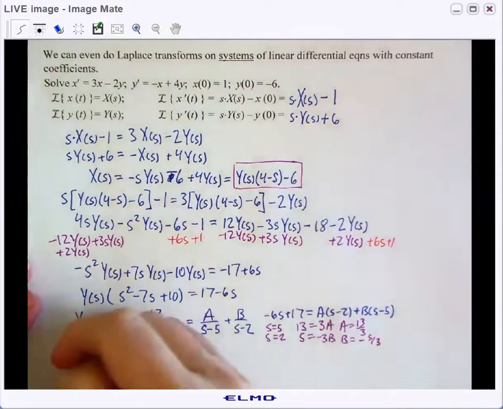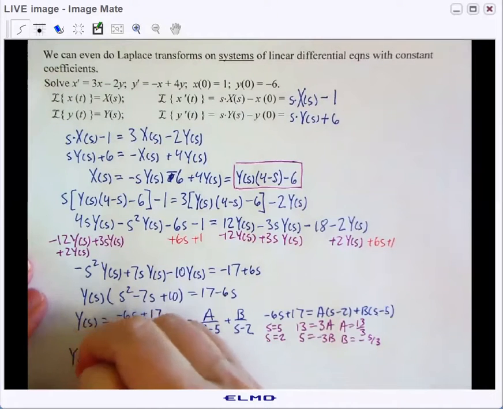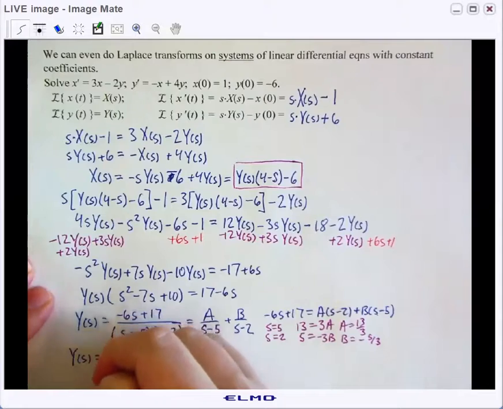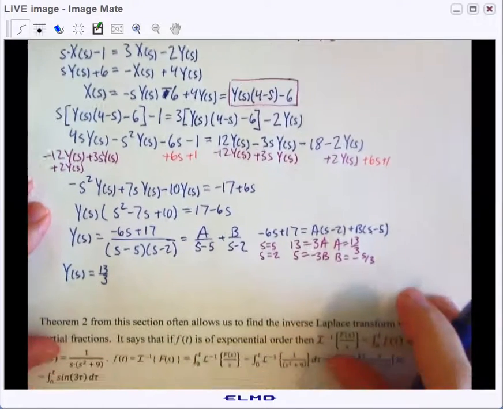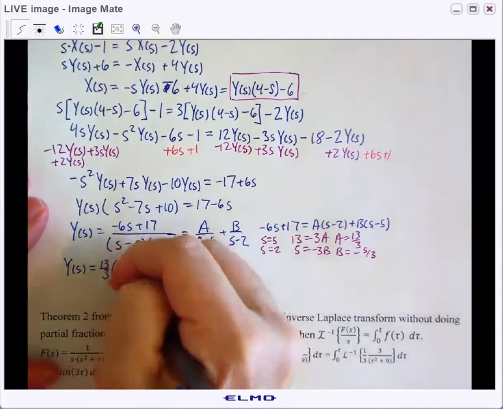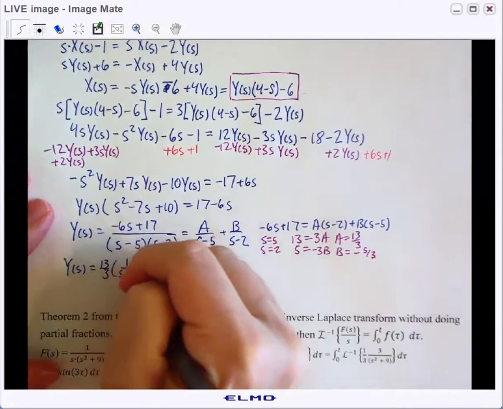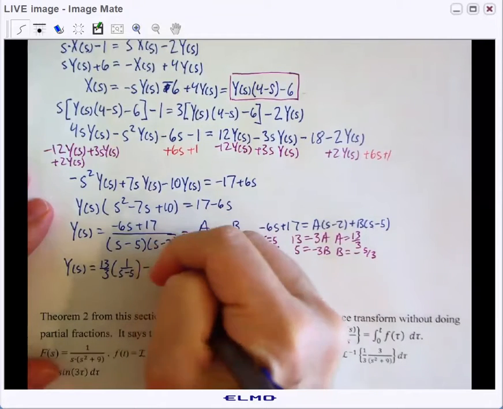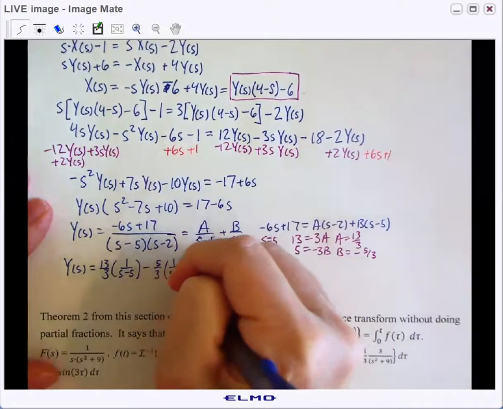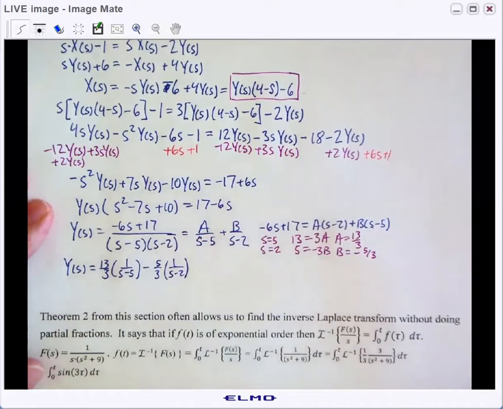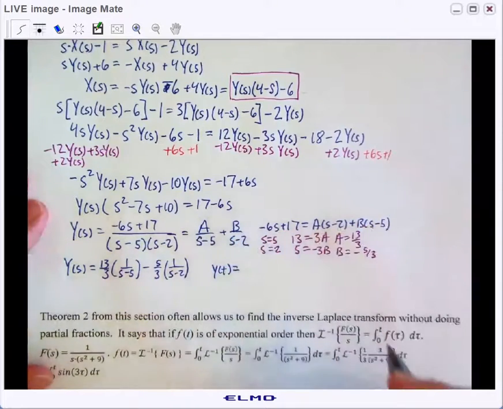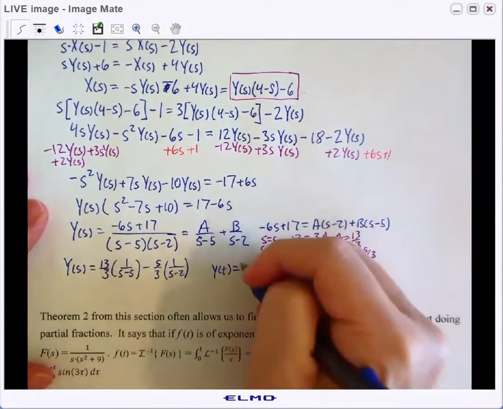Therefore, Y of s equals 13 thirds times 1 over s minus 5 minus 5 thirds times 1 over s minus 2. And to get y of t, we do the inverse Laplace transform on this.